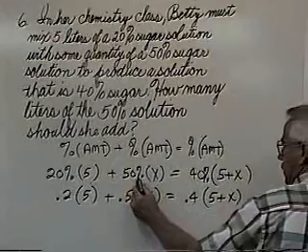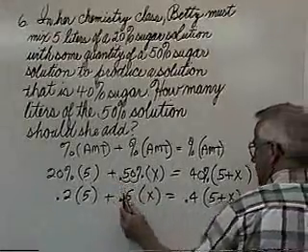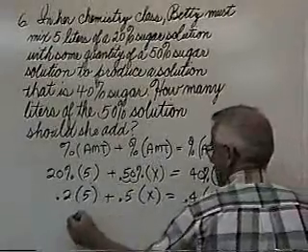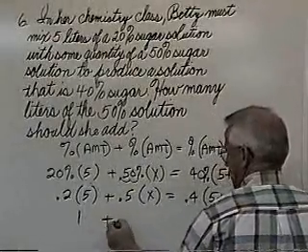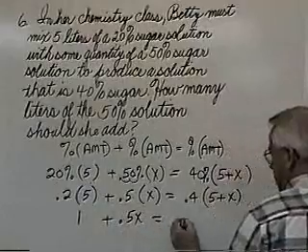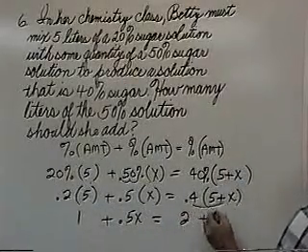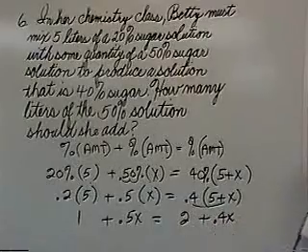Remember, changing the percent, you move the decimal place 2 places to the left. All right, now multiplying this times that is 1 plus 0.5x is equal to, this times that is 2 plus this times this is 0.4x.